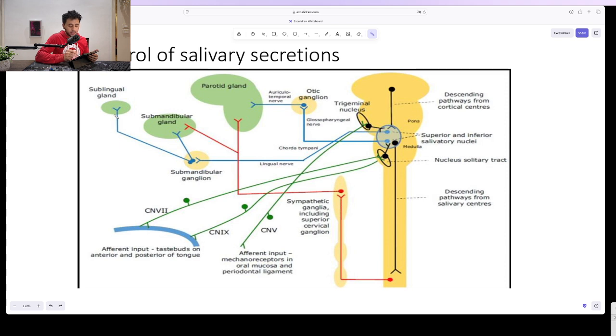And regarding the inferior salivary nucleus, also in the medulla, it goes through the pathway of the glossopharyngeal nerve, and relays in the otic ganglion, and this relays in the parotid gland through the auriculotemporal nerve. Okay, so this is essentially the parasympathetic innervation and its pathway.